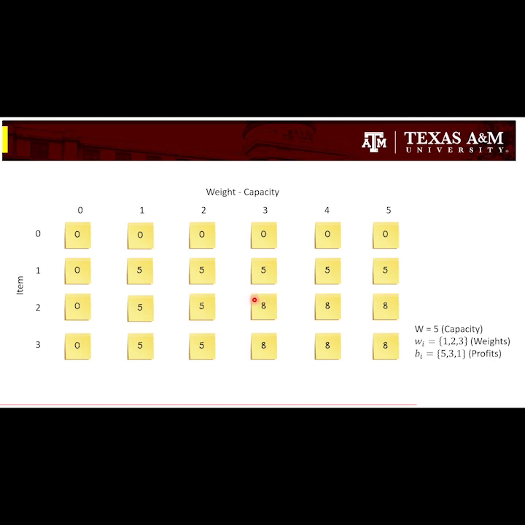So then, if we take item 2 out, well, that had a weight of 2, so that puts us back down here to 5. So we see that item 2 was in the knapsack. And so then, once we remove item 1, we're back to 0. So we see that items 1 and 2 comprise the optimal solution, which gave us a solution of 8.